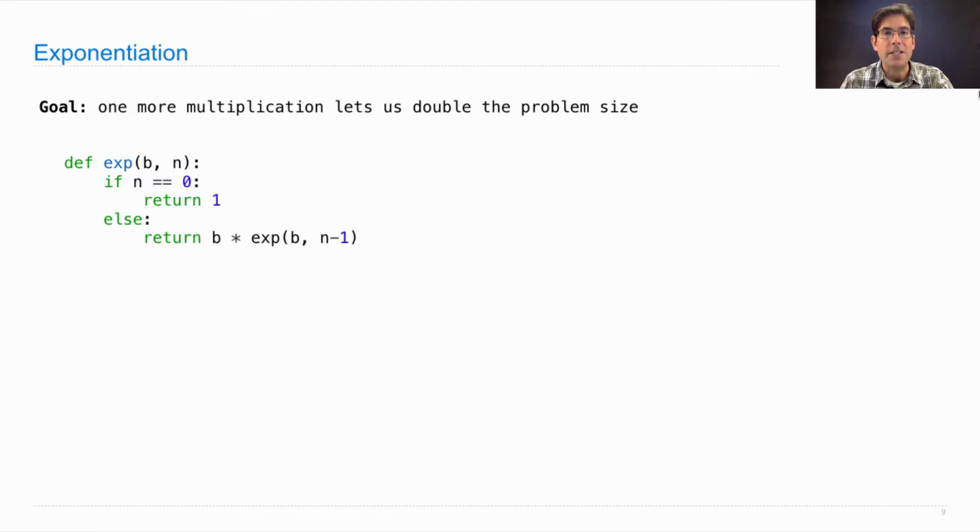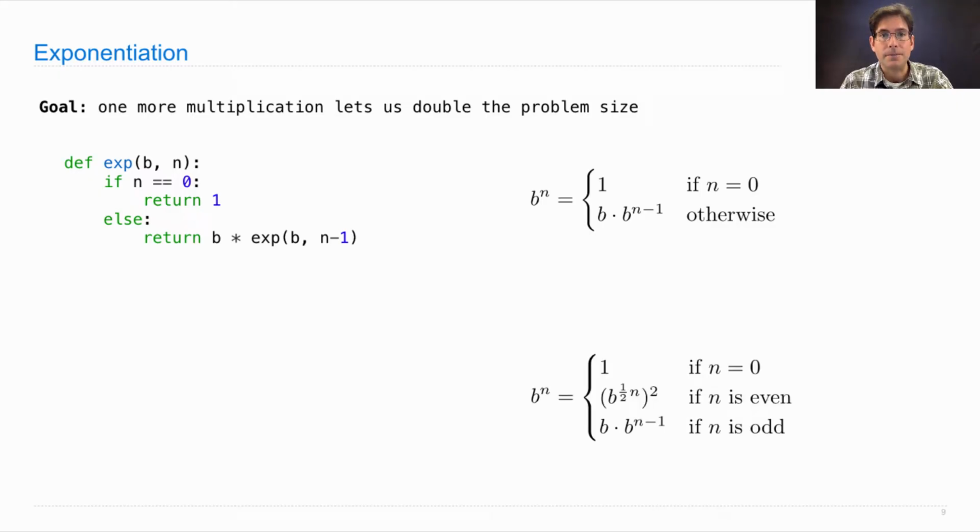And this function's implementation corresponds to the following mathematical definition for b to the n. But this is not the only mathematical definition of b to the n. Here's another one, more complicated, but the additional complexity will also give us additional efficiency. This says that b to the n is 1 if n is 0, and then has two different cases for whether n is even or odd.